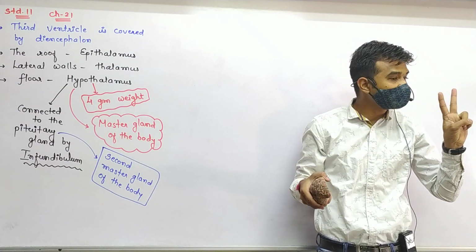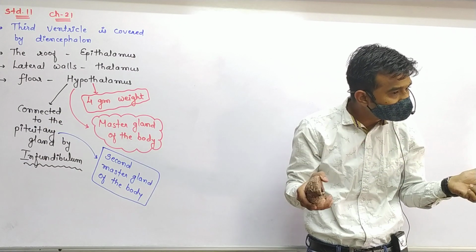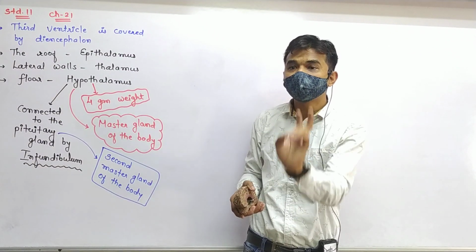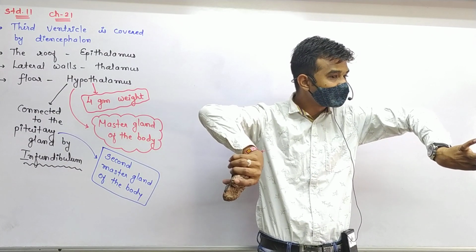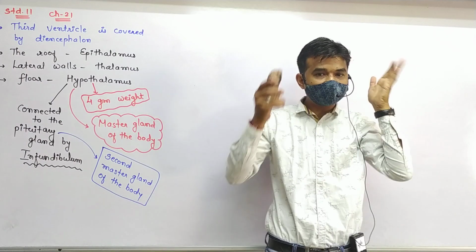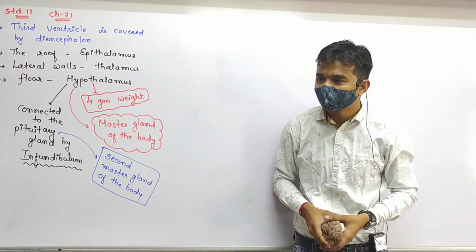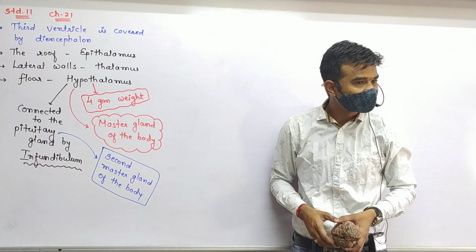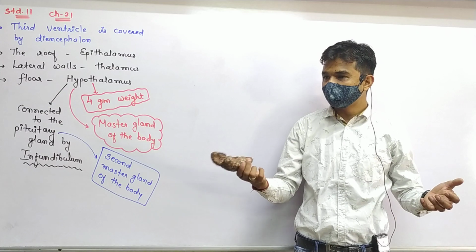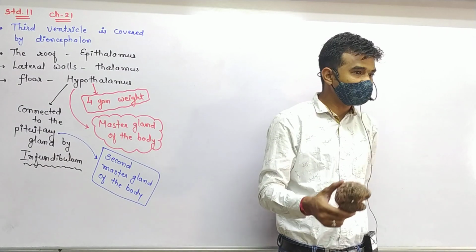We have two parietal bones, each covering a parietal lobe, and we have one occipital bone which covers the two occipital lobes on the posterior side of the brain. Clear? And sideways we have temporal bones, each covering a temporal lobe. Okay? Now I can give you this model, but there is one more thing I want to tell you here.